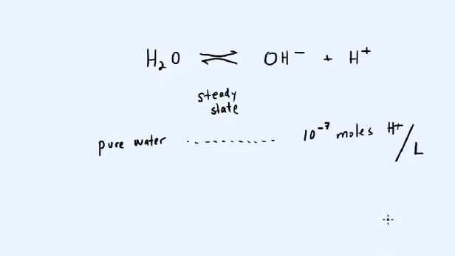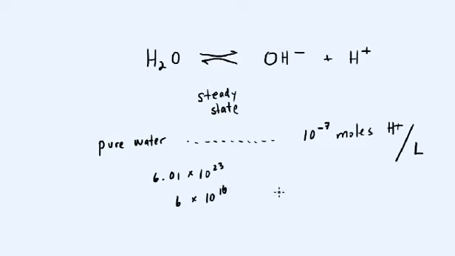Okay. And you might want to remember that a mole is actually 6.02 times 10 raised to the 23rd. That's a chemical number. It's Avogadro's number. And so in actual fact, the total number of hydrogen ions that are there in 1 liter of water is roughly 6 times 10 raised to the 16th power, sorry, which is actually a huge number.